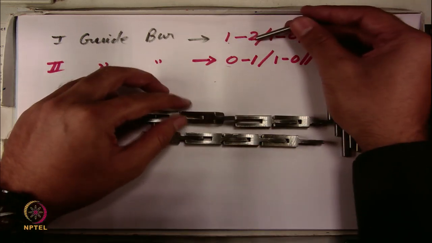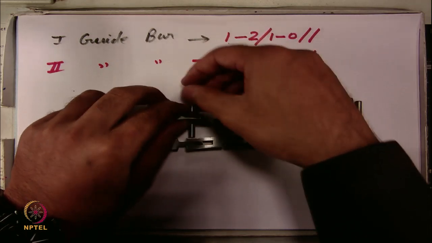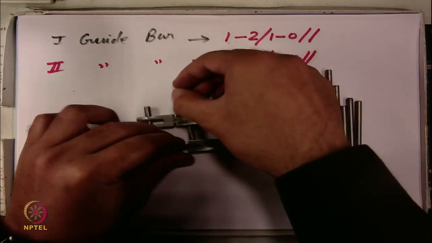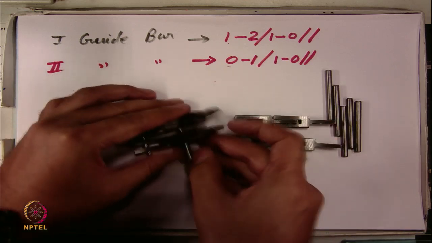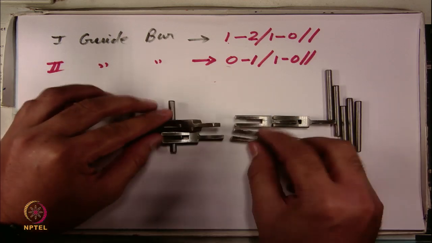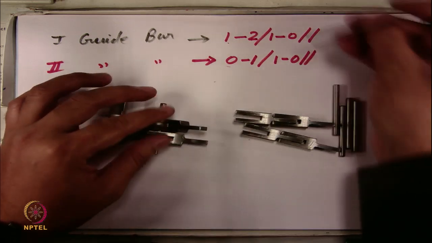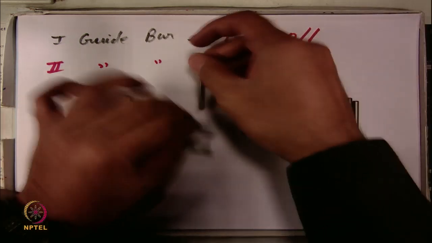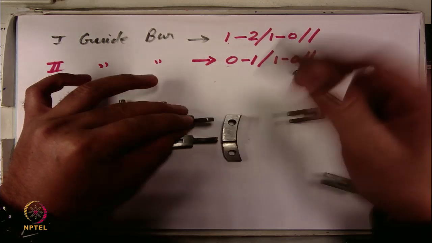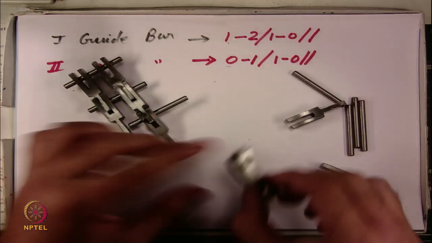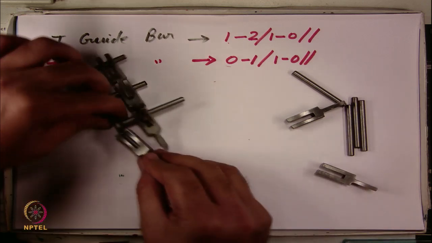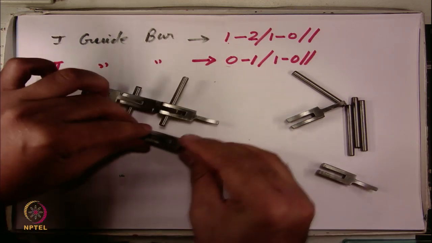When it is interacting with 2, then it must be interacting with 1. Okay. So, once this is done, then 1 1. So, this is 1. So, 1 1. So, here also we need to use 1 for the second guide bar.